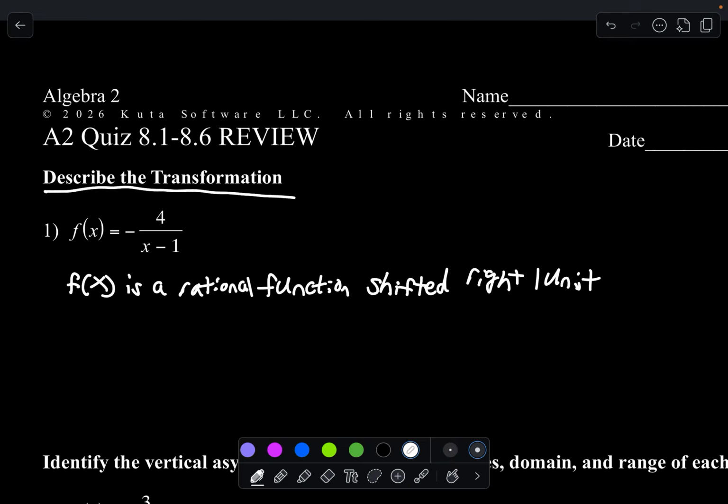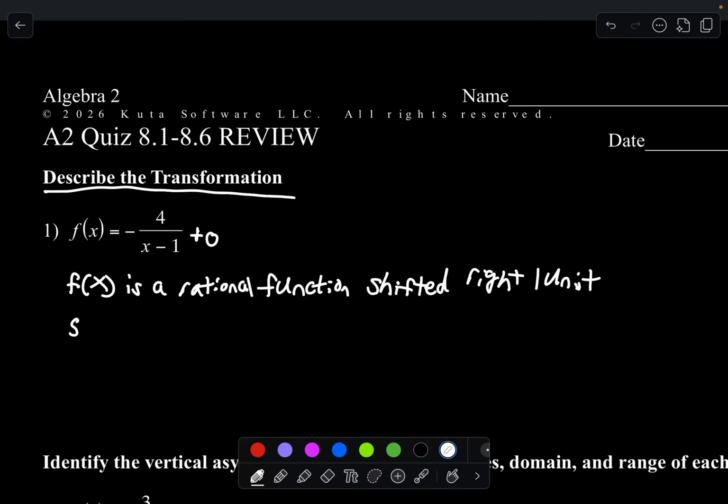Okay. And that's it. Notice there's no plus number out here. If there was a plus 3, it would be up 3, or minus 3, that'd be down 3. But since there's nothing there, it's like having a plus 0, which means it doesn't move up or down. So it's shifted to the right 1 unit.